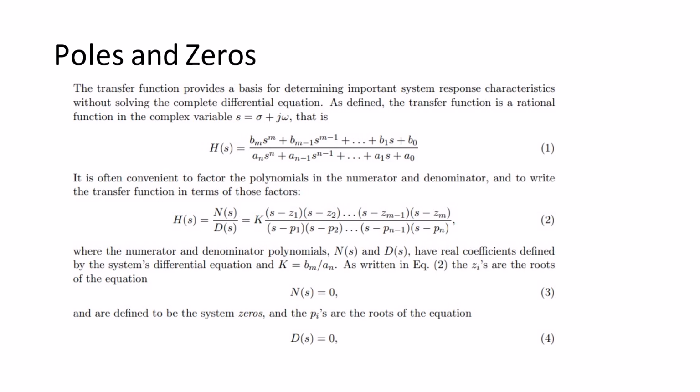Today I will discuss the concept of poles and zeros. We already know from the definition that the transfer function is the Laplace transform of the output divided by the Laplace transform of the input. So we basically get a polynomial of some order in the numerator and the denominator.